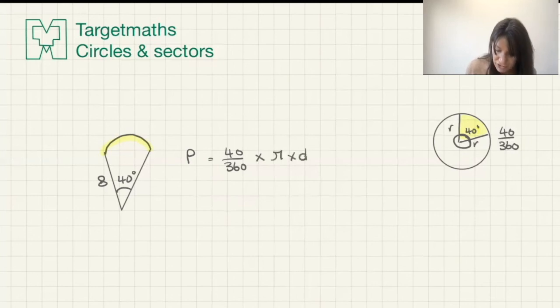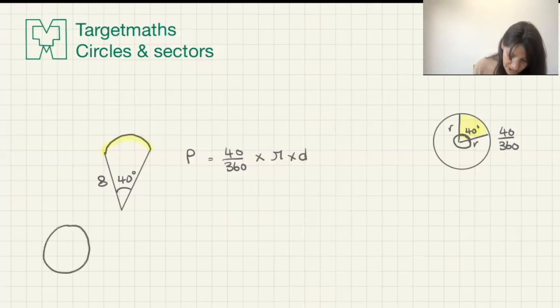Now, I haven't gone straight to the number because I really want to point out that, remember, the sector only gives us a radius. If you're someone that can easily get confused with the radiuses and the diameters, then it really makes sense to maybe draw this out. If you've been given this, you could go, okay, I know that's come from a full circle.